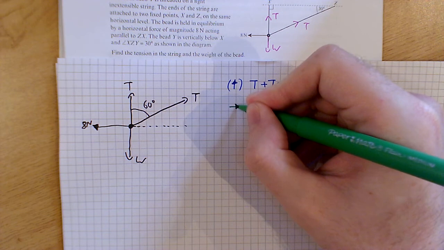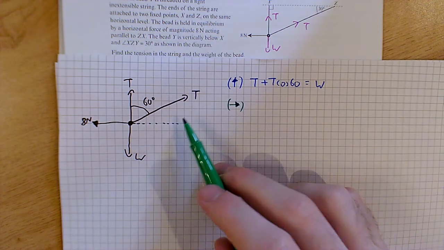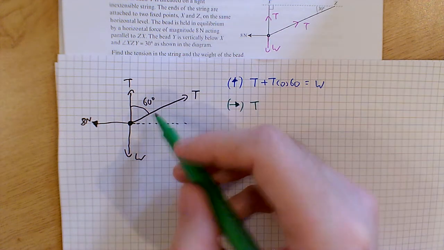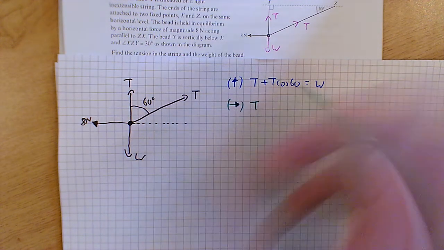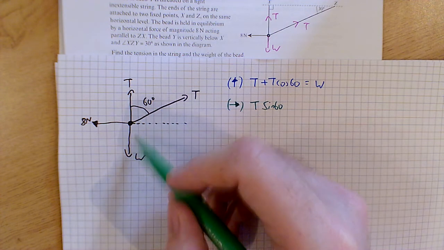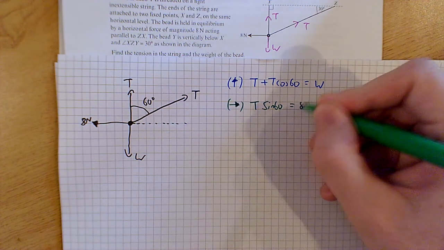I can resolve horizontally, taking the direction to the right as positive on the first side. So this is T. We go away from the 60 now to get to the horizontal, so it's sine 60. This T and this W have no effect in the horizontal direction, so it's just my 8 newtons that's going to balance with.